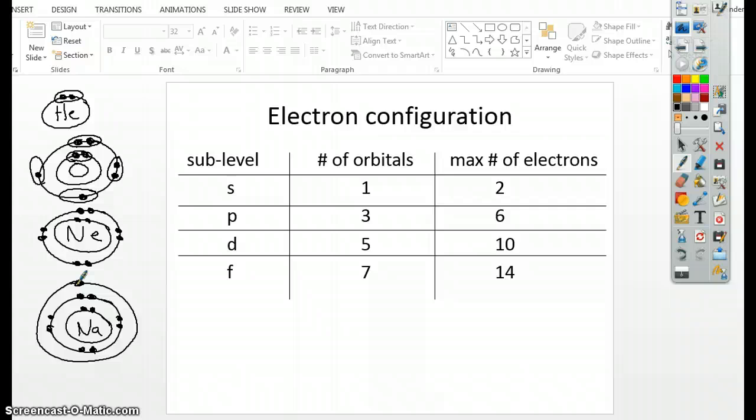Okay, so again, that's 1s2, 2s2, 2p6, 3s1.